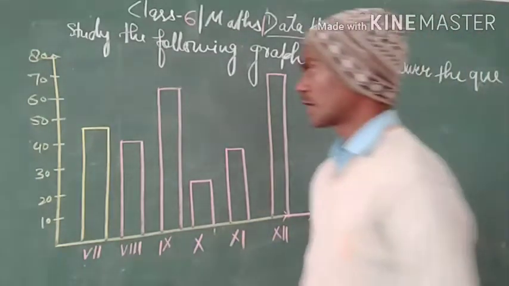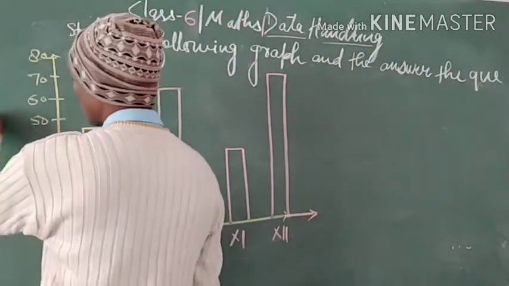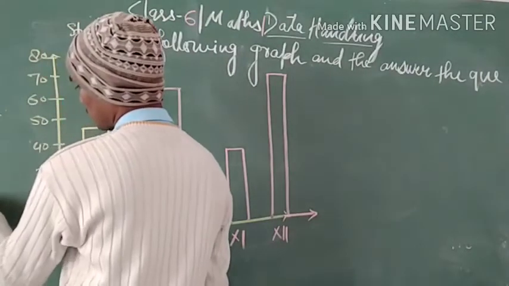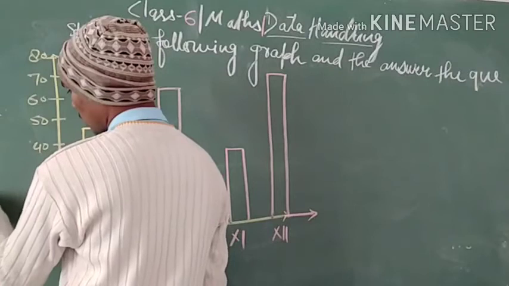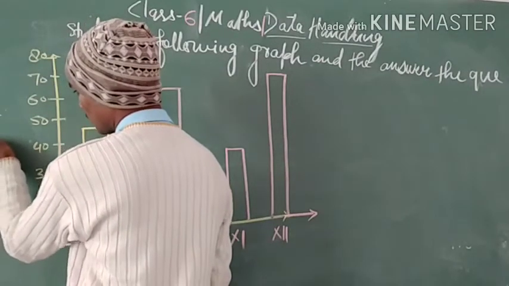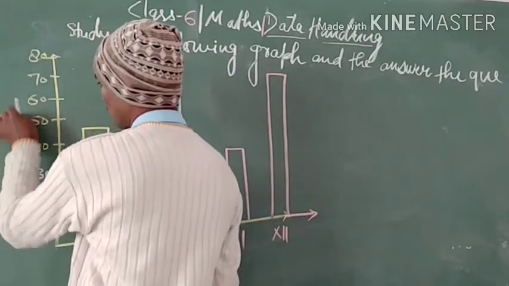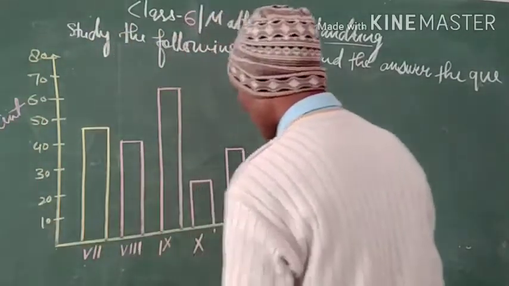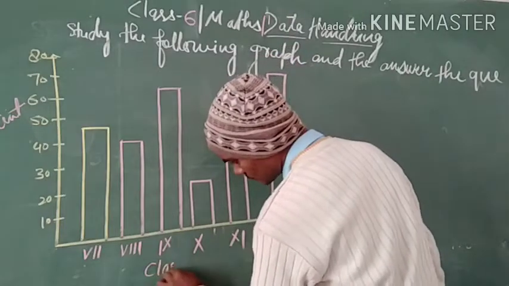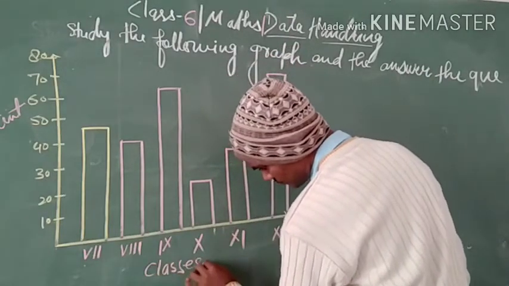The vertical line represents the number of students, and the horizontal line represents classes.